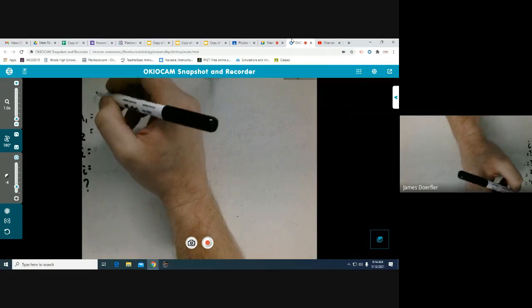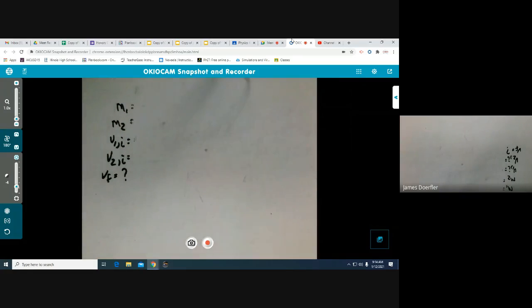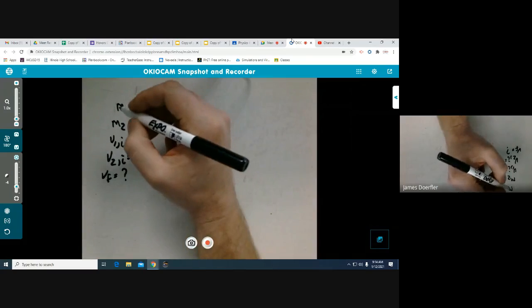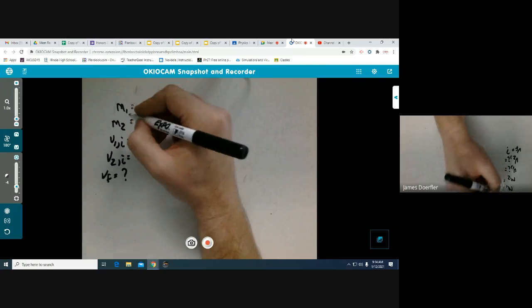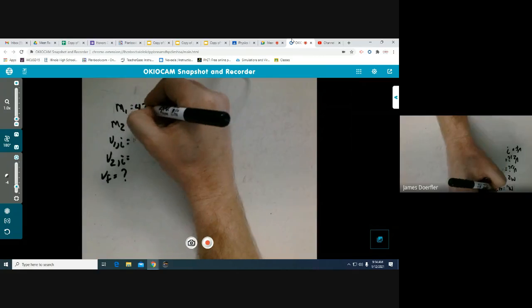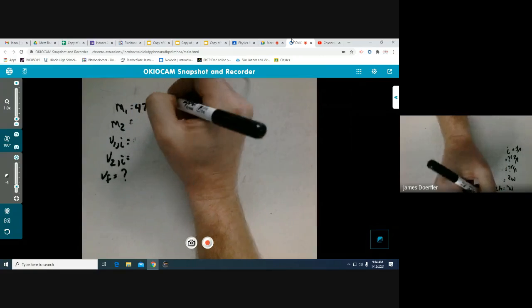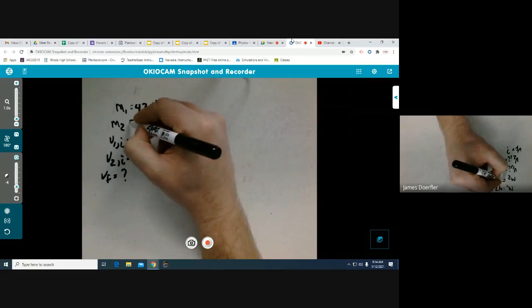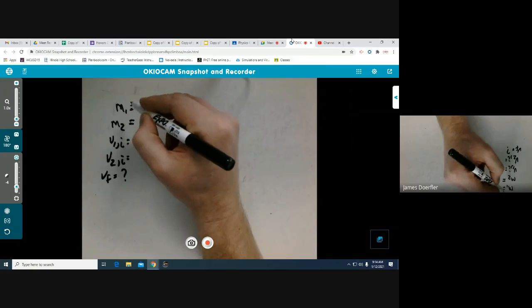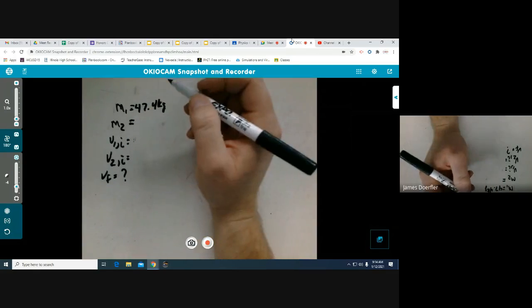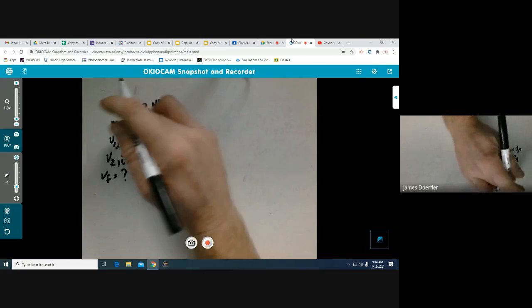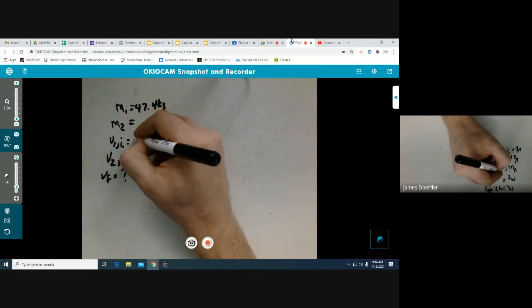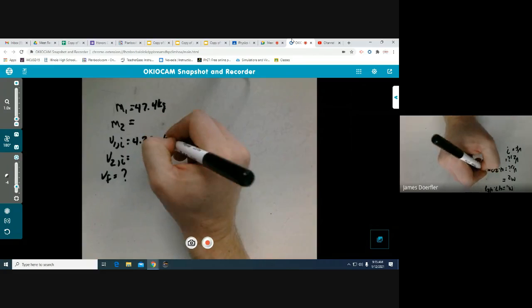Okay. So first, let's write what we know. We know that the mass of the student is 47.4 kilograms. We're going to make the assumption that the student is running in a positive direction. The velocity is 4.20 meters per second.